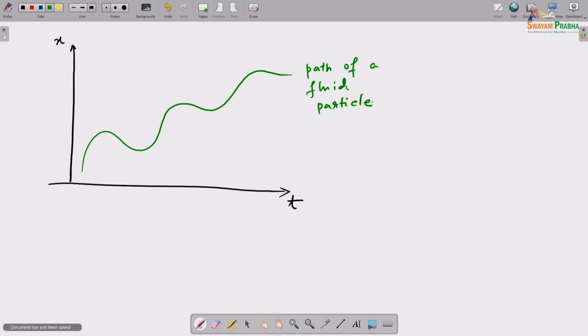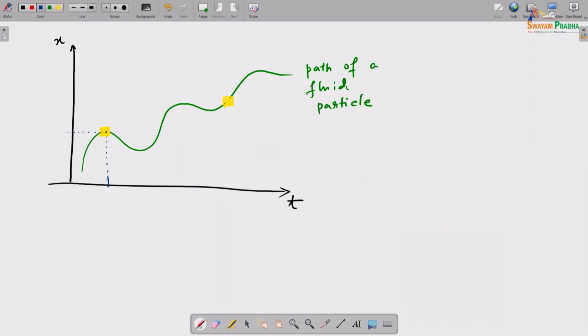Now, let us take that particle, and say at a certain location the particle is here, and at another location the particle is here.